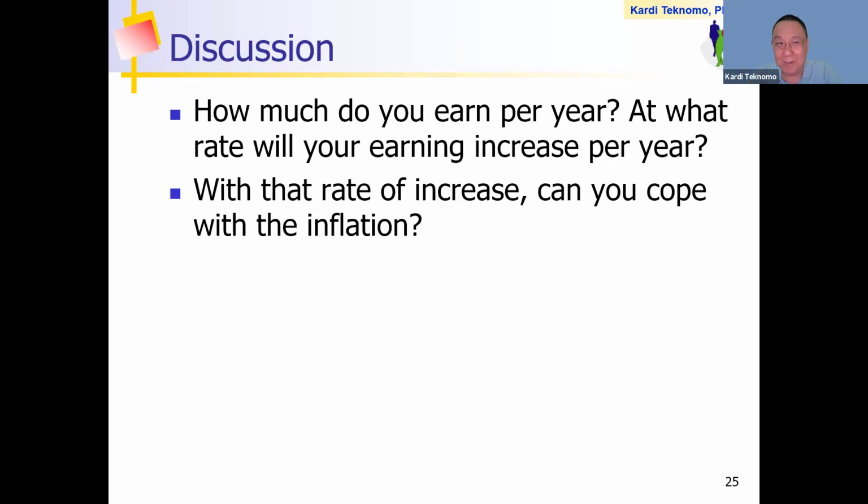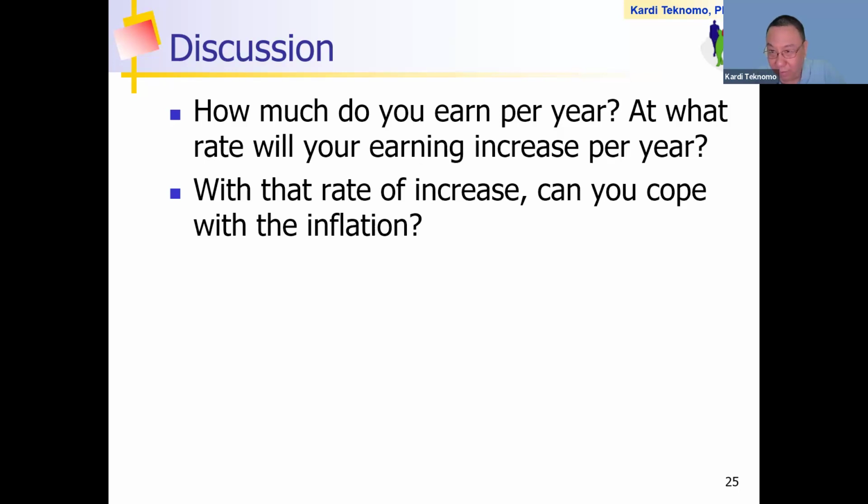Okay, any discussion about this? Or you don't concern at all? Sir, here in the Philippines, only the inflation increases, not the salary. Really? Yes, sir.